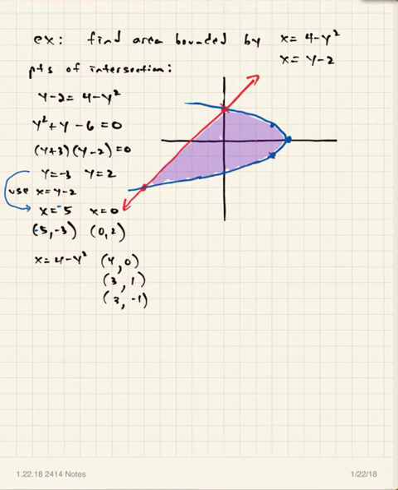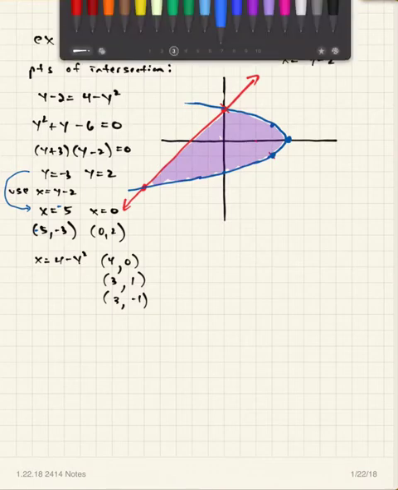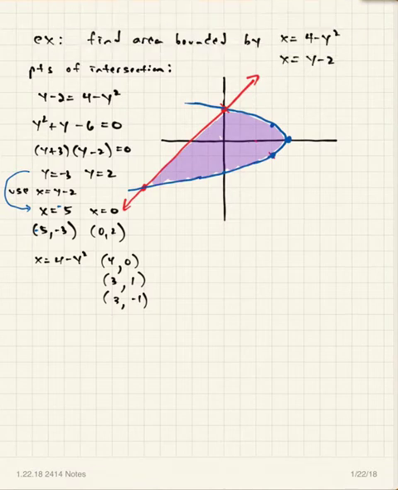And this is a classic example where it would not make any sense to use a vertical rectangle. You have to use a horizontal rectangle. And so when I use a horizontal rectangle like this, it means I'm integrating with respect to y. And this is going to be right curve minus left curve.